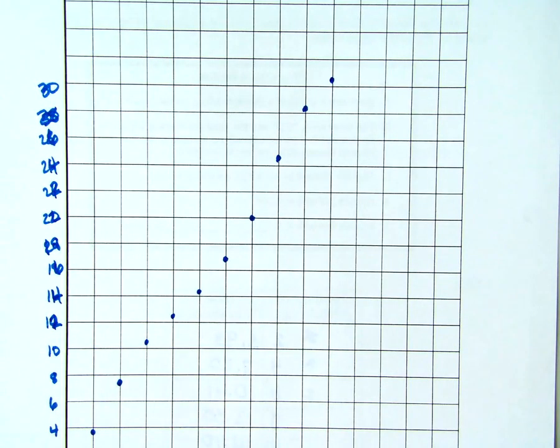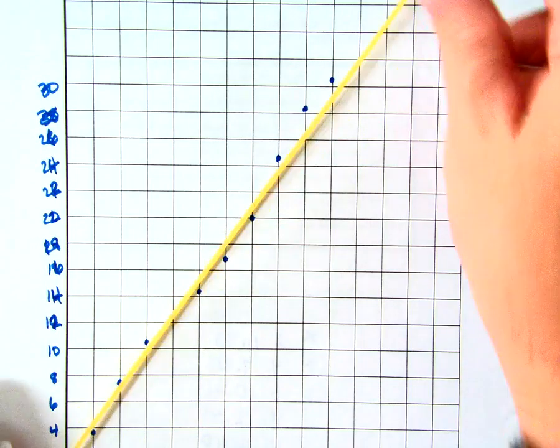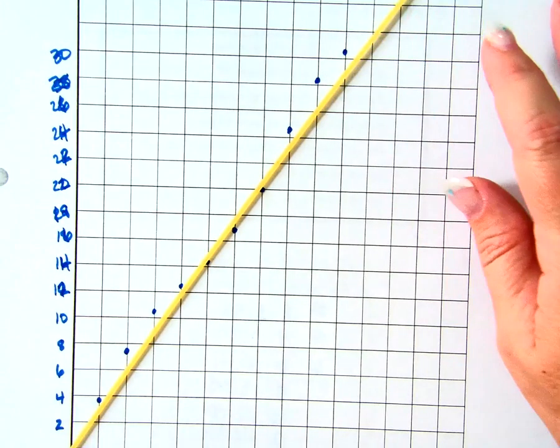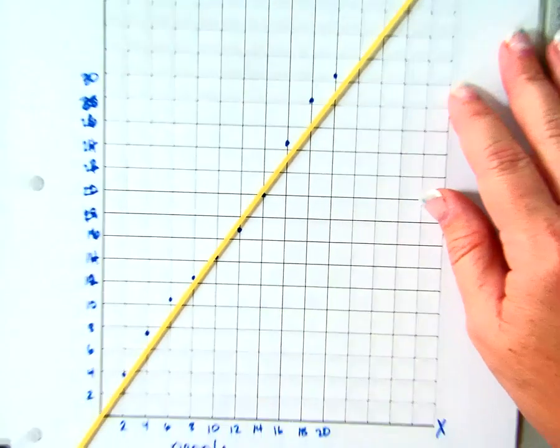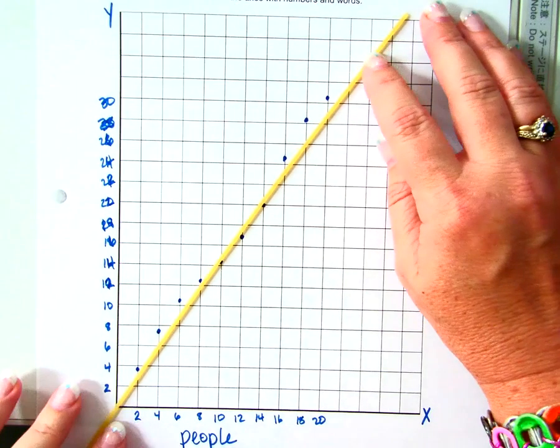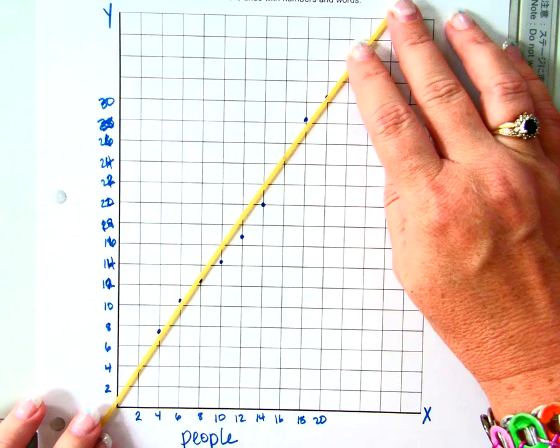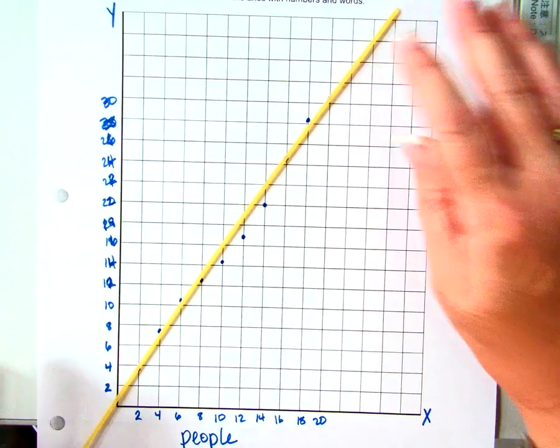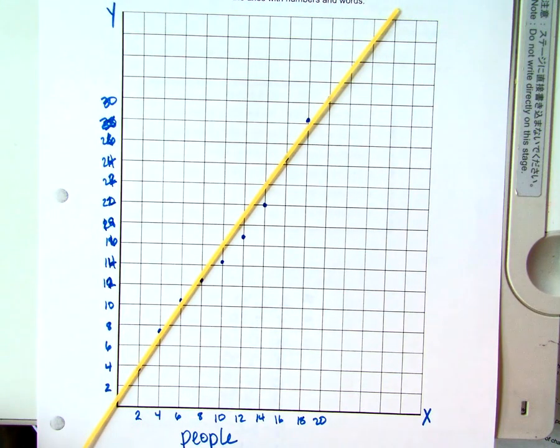Once you have all your points plotted, I'm going to bring you a mathematical device which you will not eat. And I'm going to have you put it on your paper, something like this. How did I put it on my paper? It's like a trend line, right? It's as close as possible to all the dots that are there.